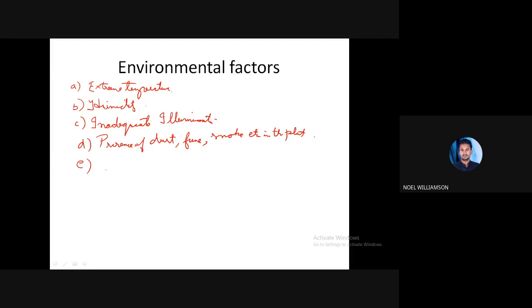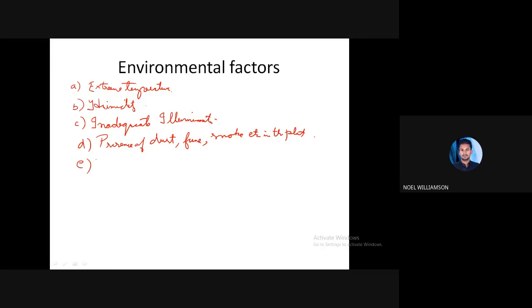Then next is regarding the behavior. These are not external factors, but there is also the behavior of the management, which is included in the environment. If it is harsh, then it may create some problems.